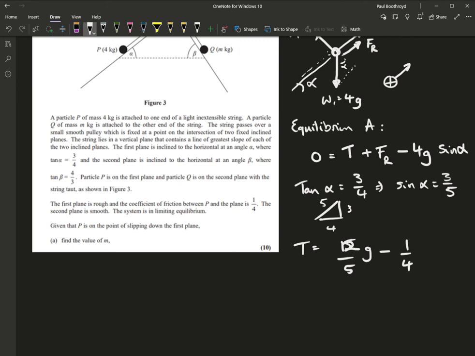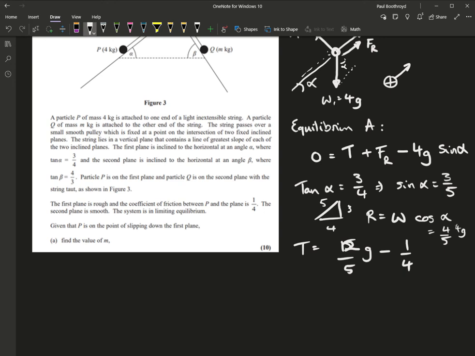I forgot to take into account the reaction force. We need to calculate the reaction as well. So the reaction is going to be W cos alpha. That's going to be 4/5 of 4G, since cos alpha is 4/5.